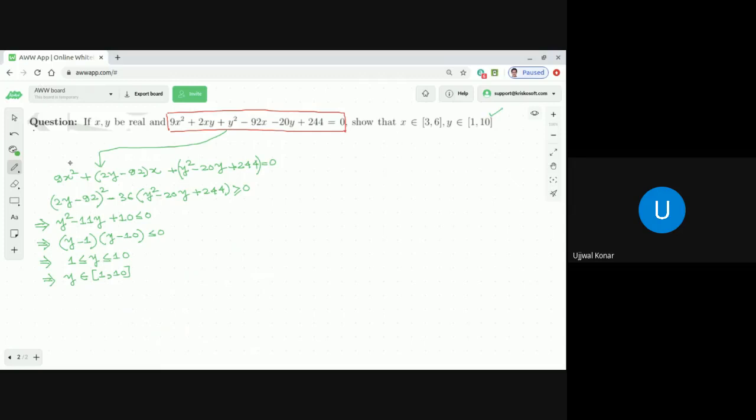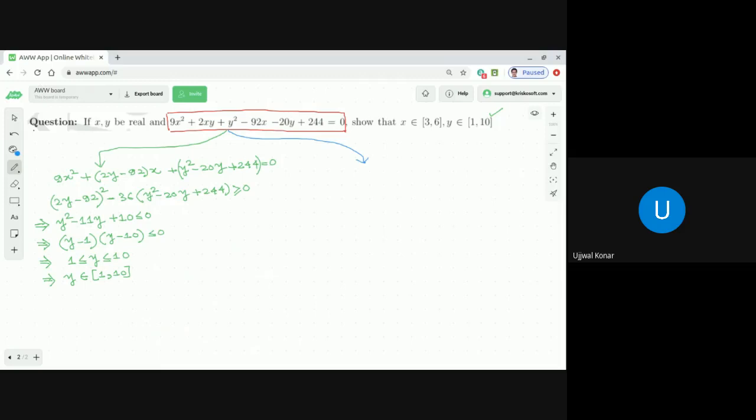Now, dear students, the same given equation is to be expressed as a quadratic equation in y. How are we going to get it?